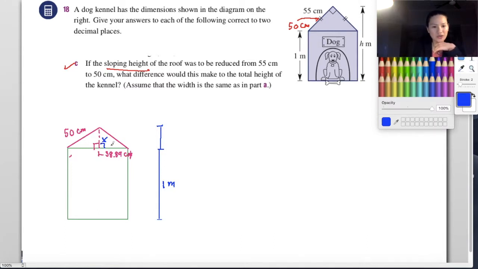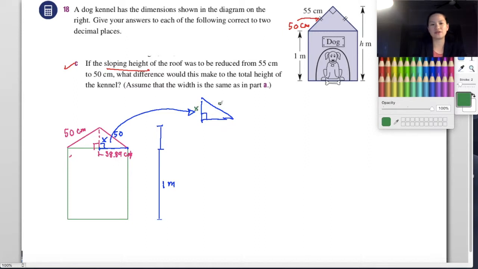Just this point is 38.89, and the hypotenuse is 50. I write out this one again in case you want to see it properly. It could be like this. I just put this part here, and it is x.